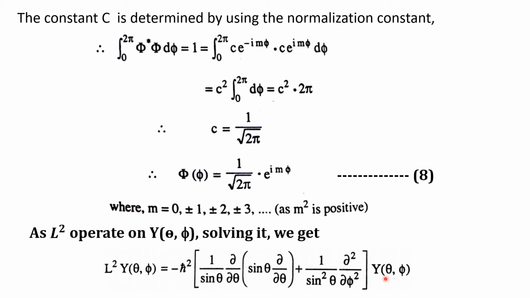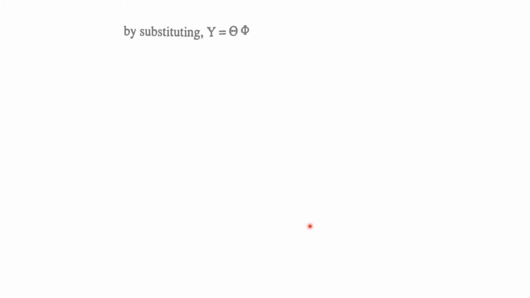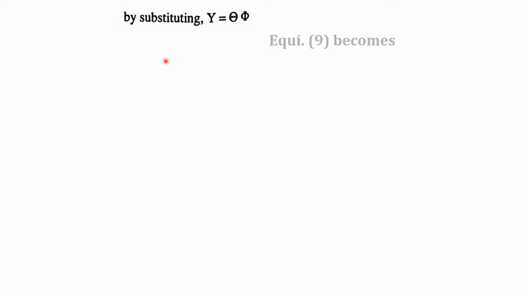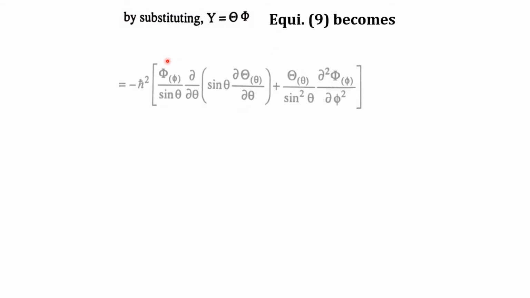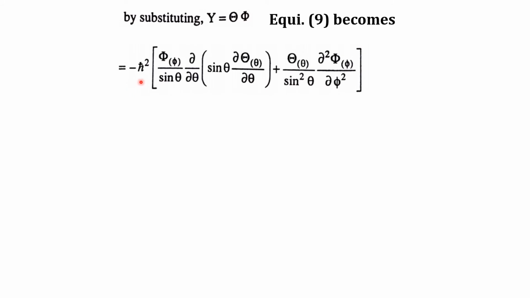As Y we separate into two independent variables theta and phi. Therefore, the next step is substituting Y theta phi into this earlier equation. Equation 9 becomes minus h cross square inside the bracket. Y is into two independent terms theta and phi.